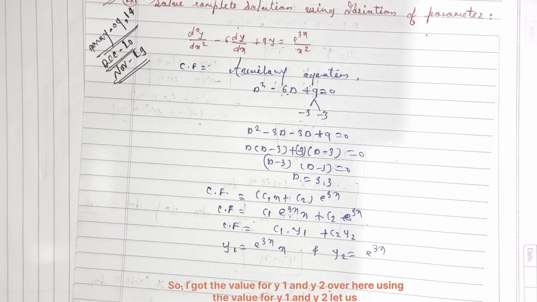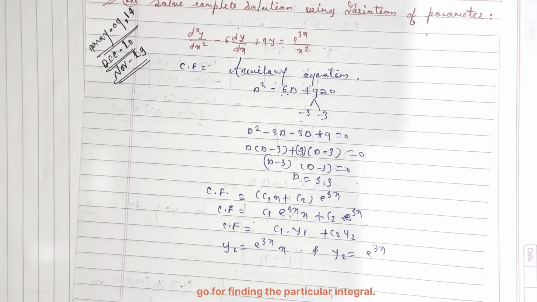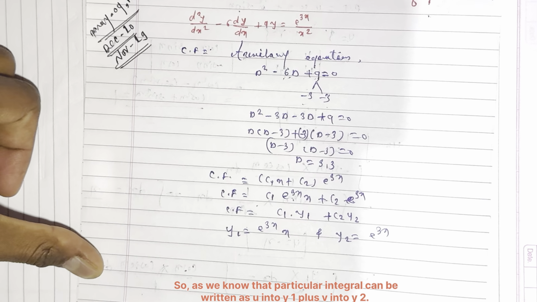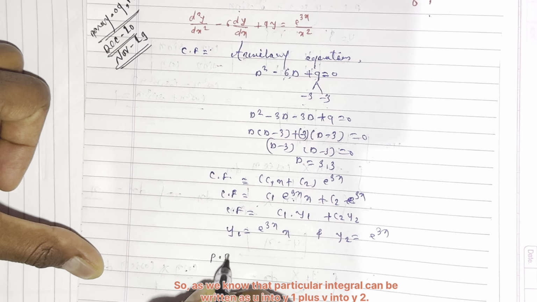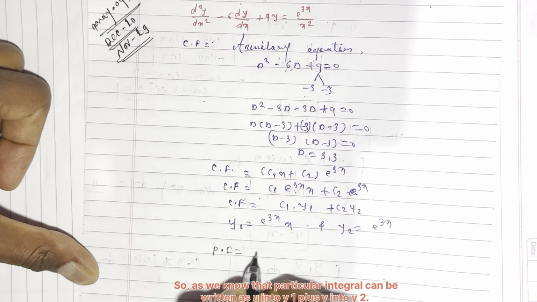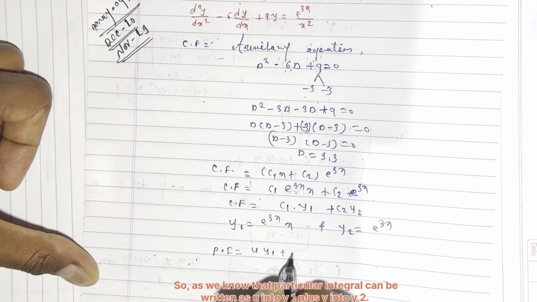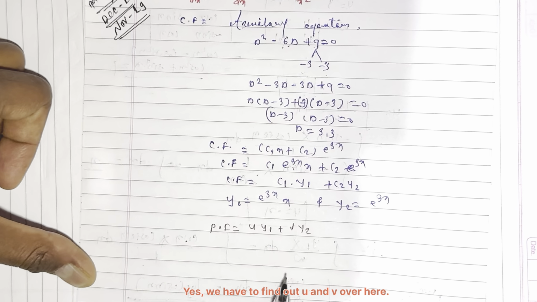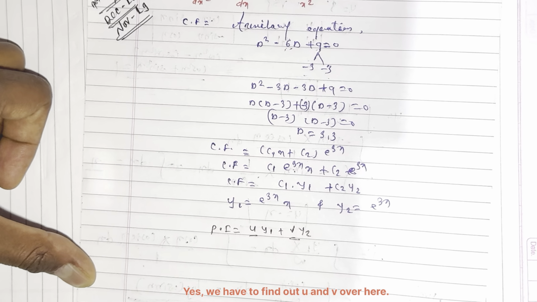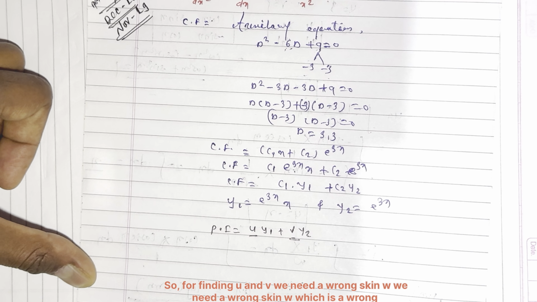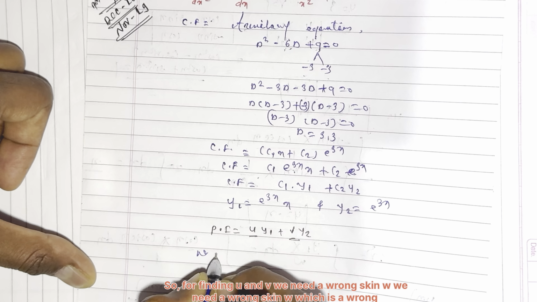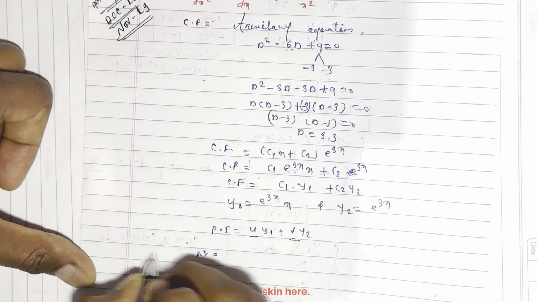Using y1 and y2, let's go for finding the particular integral. As we know, the particular integral can be written as u into y1 plus v into y2. We have to find u and v here, and for finding u and v we need the Wronskian W.